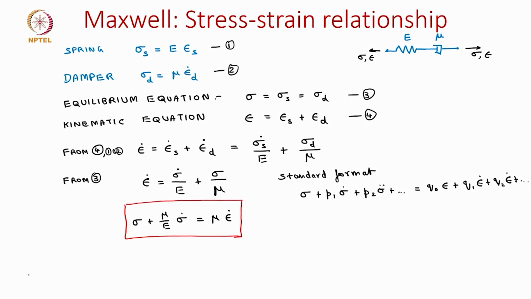Here we will also introduce one constant which is mu by E. This mu by E, which is the ratio of viscosity by the modulus, can be represented as relaxation time tau.